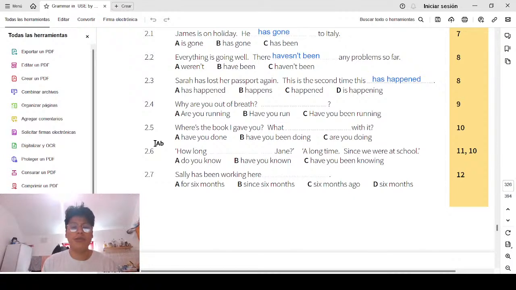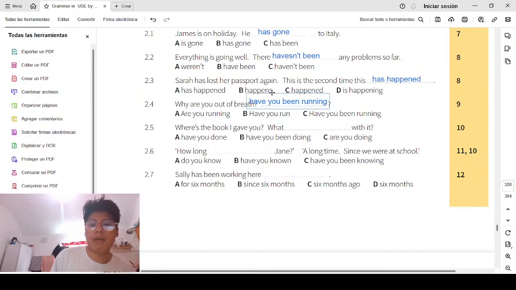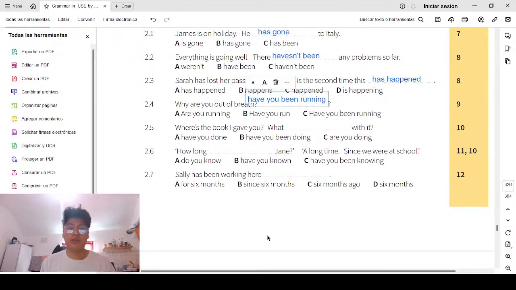Why are you out of breath? Are you running, have you run, or have you been running? The correct answer is "have you been running." Why not "are you running" or "have you run"?